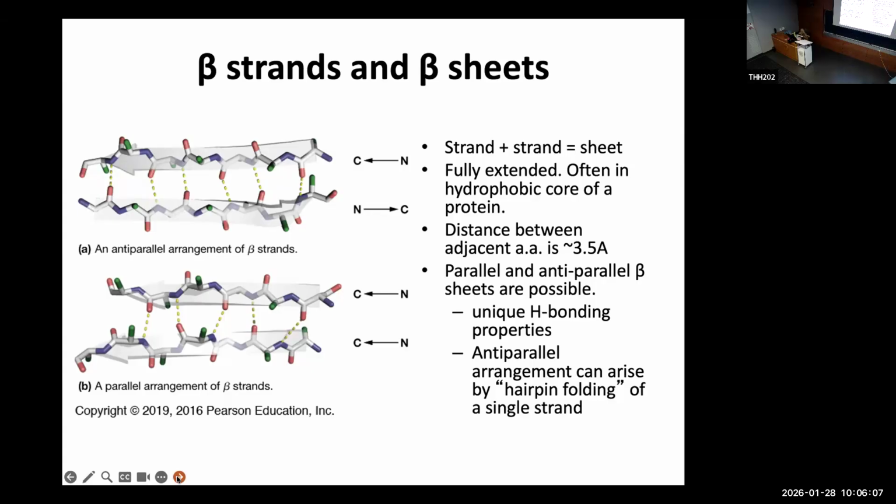Maybe the rest of the polypeptide loops out and comes back in the same direction next door. That is called a parallel beta sheet. You get hydrogen bonding between the same atoms there. It's just looking at the directionality. Questions on either of those structures?